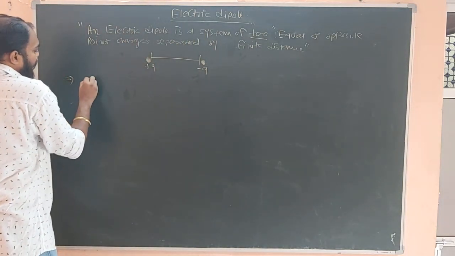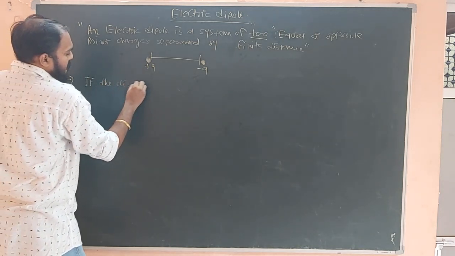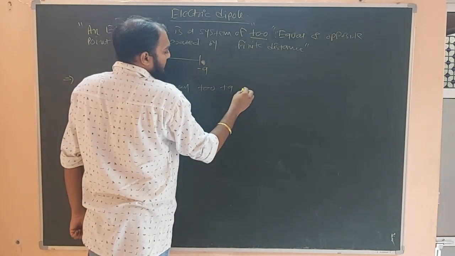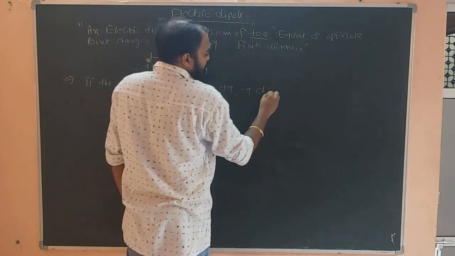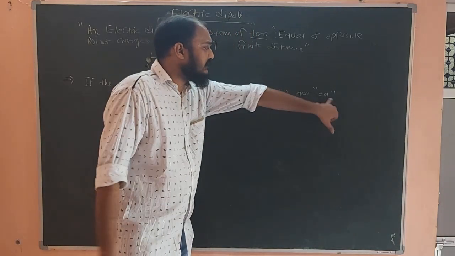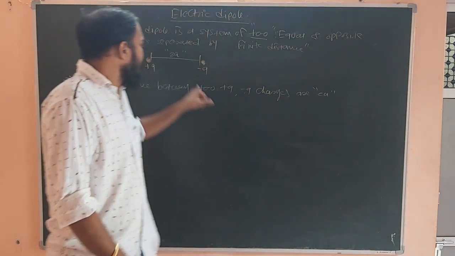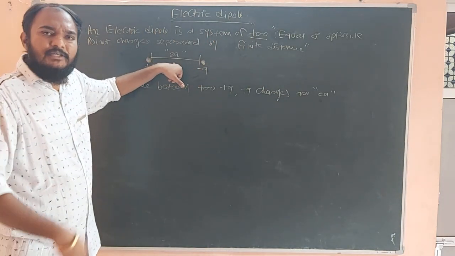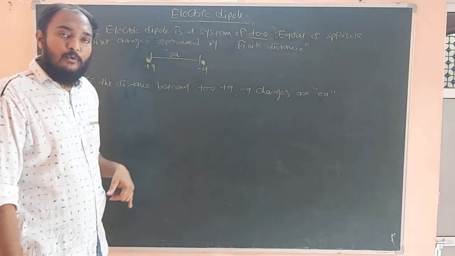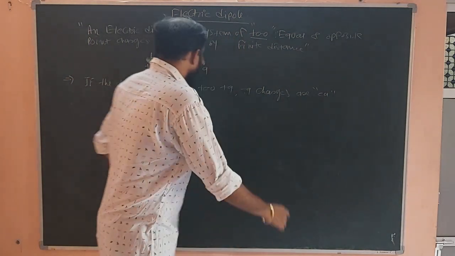We can say the distance between the plus q and minus q charges is 2a. We take the distance as 2a because in physics we take it as 2a. In your books you can take it as d, but we take it as 2a.